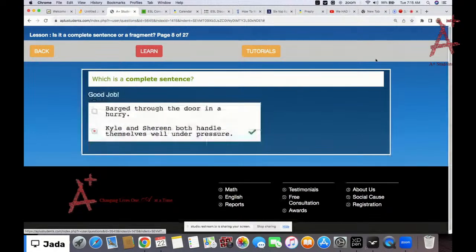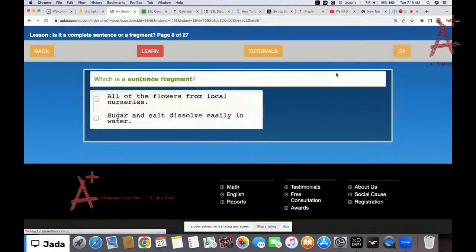So that's everything for noting if it's a sentence fragment or a complete sentence. To note a complete sentence, it has a subject and a verb. But then the sentence fragment is missing something. So that's it. We'll move on to the next lesson now.